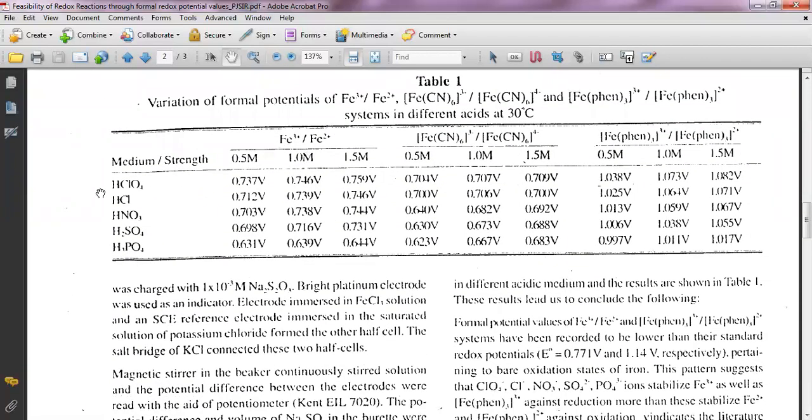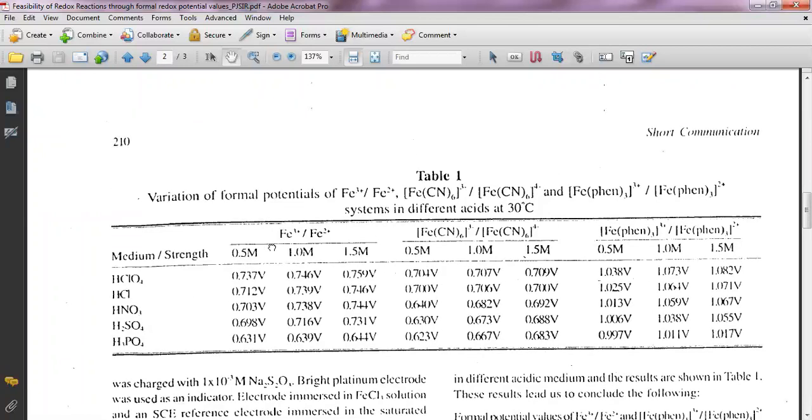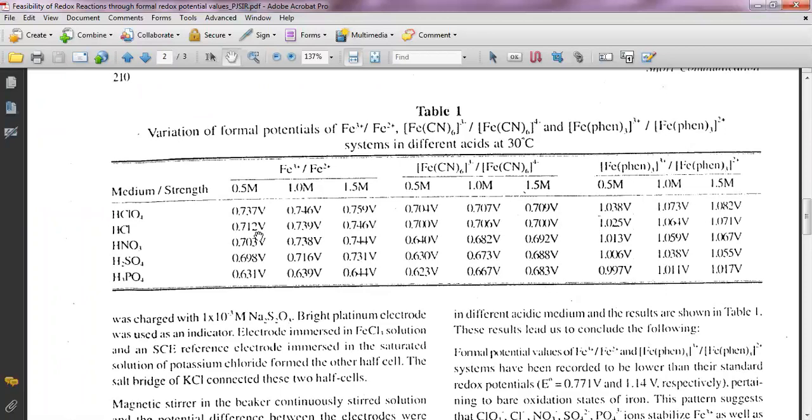If you prepare these metal ions in different acidic media, perchloric acid, hydrochloric acid, nitric acid, sulfuric acid, or phosphoric acid, its reduction potential is also going to vary. In the case of perchloric acid, it is less as compared to the standard potential, which is 0.771.